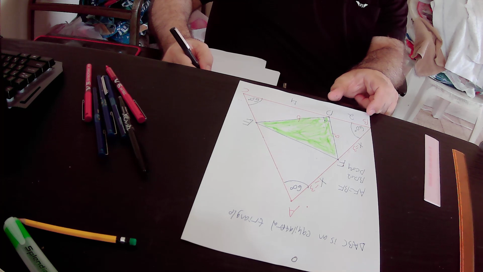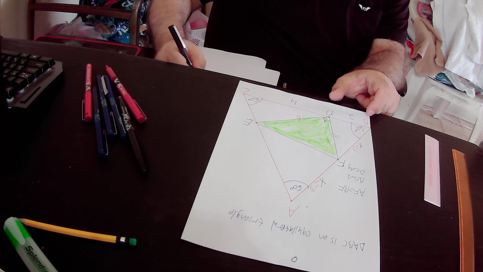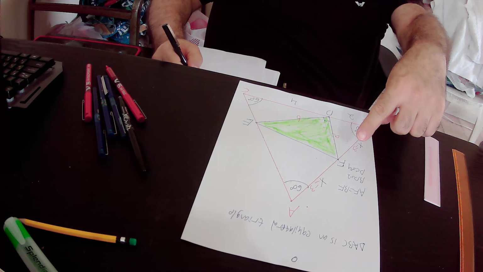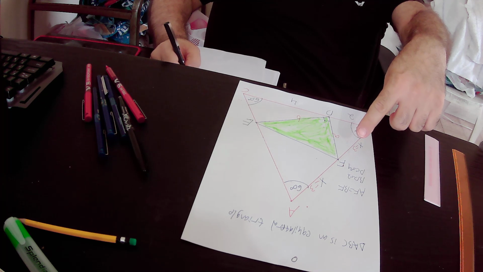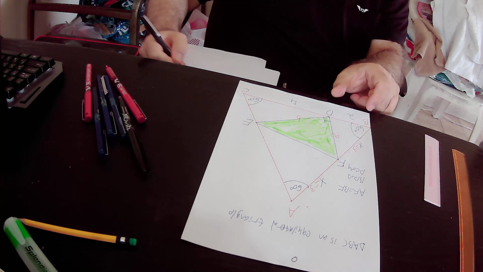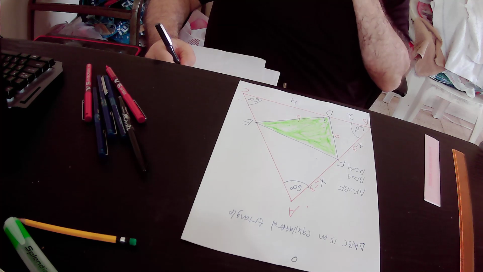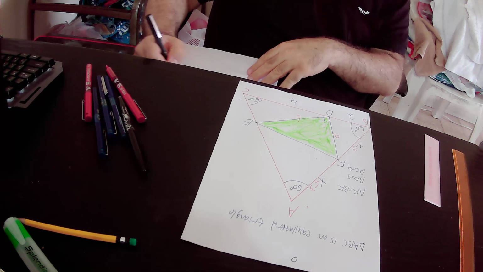BD equals 2 units, so BD squared is 2 squared, that is 4, minus 2 times FB, which is 3 units, times BD, which is 2 units, times cosine 60 degrees.